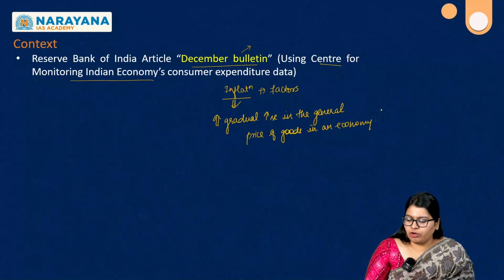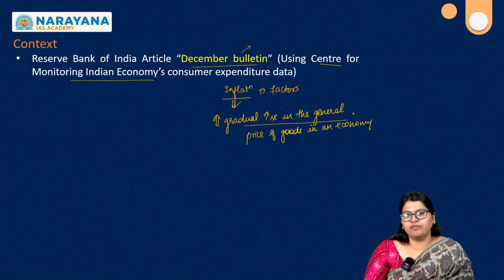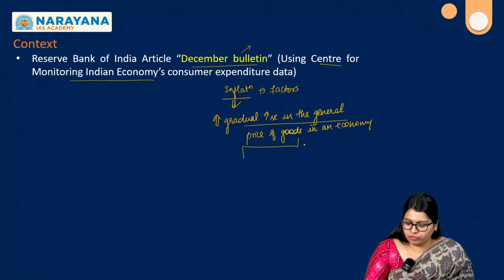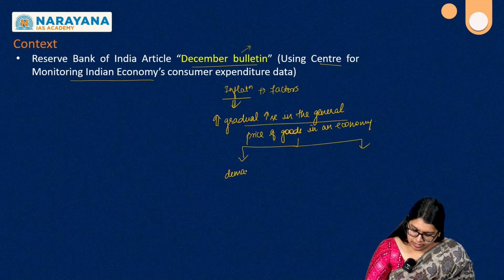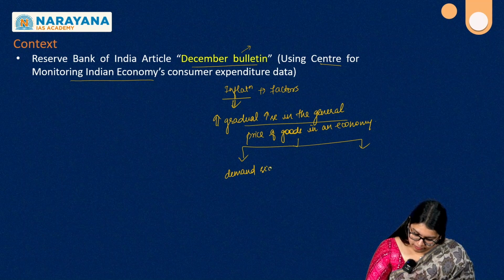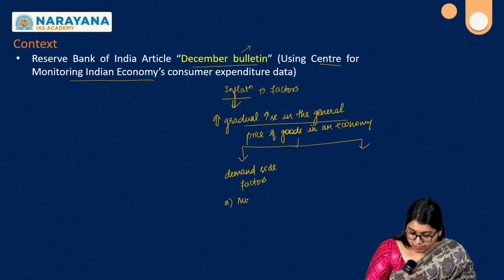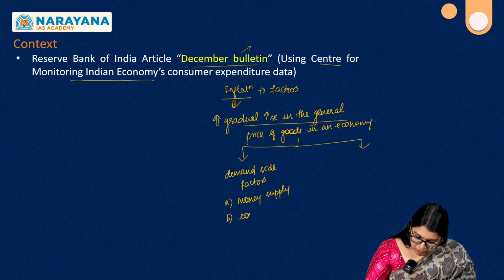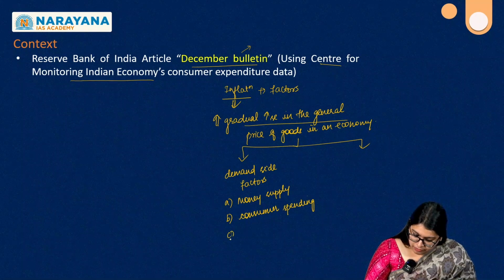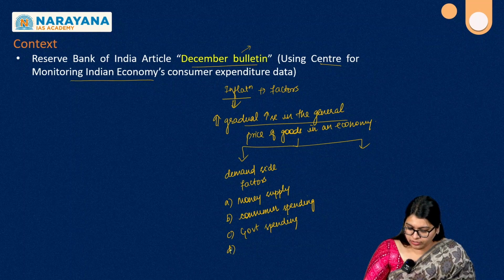And this gradual rise in the price of goods happens due to two kinds of factors. One is the demand side factors, which include money supply, consumer spending, government spending, interest rates, etc.